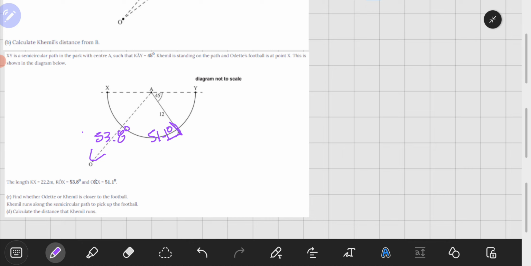For our next question, we're asked to find whether Odette or Kemal is closer to the ball.